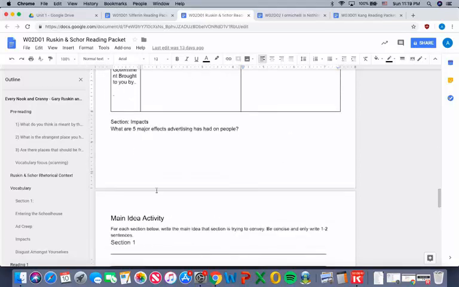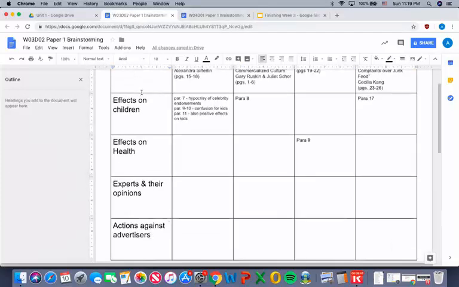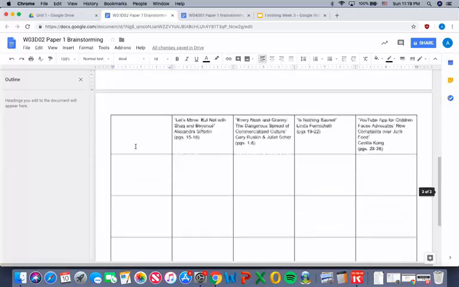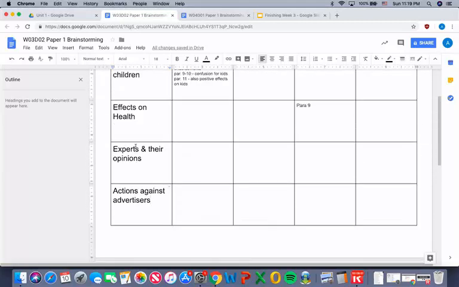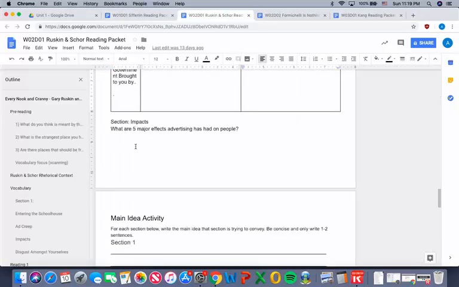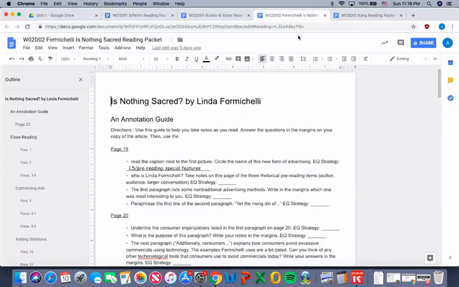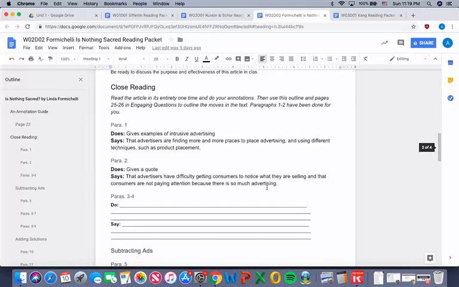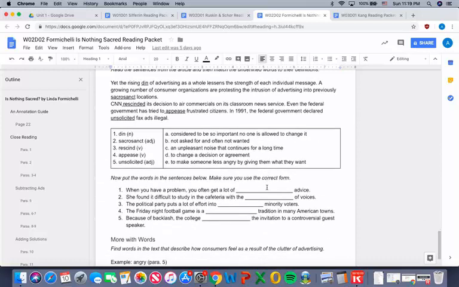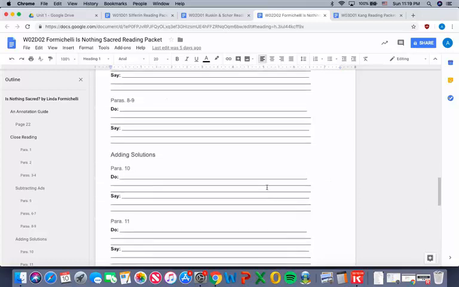We can see the impacts, and impacts was sort of already covered by effects on children and effects on health, but you can maybe make another category about impacts and think about whether that is something that gets used in other articles. If we look at some of the other reading packets, those didn't focus on a theme as much.